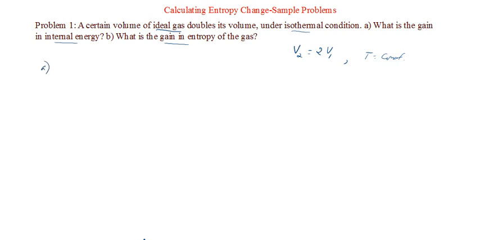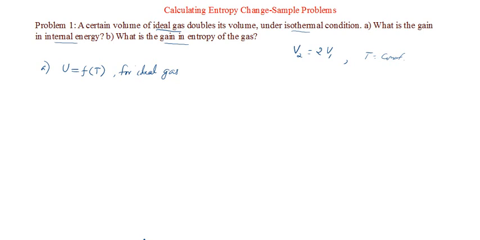Gain in internal energy. Hope you remember the internal energy for an ideal gas. Internal energy of an ideal gas, U, is a function of temperature alone. This is the concept that we have discussed and learned in the previous modules.